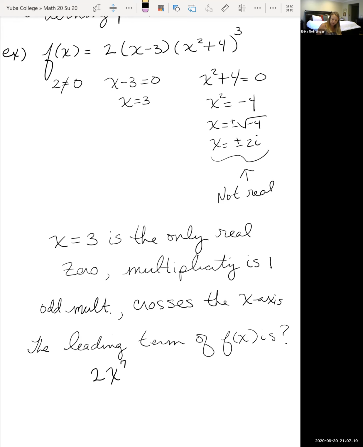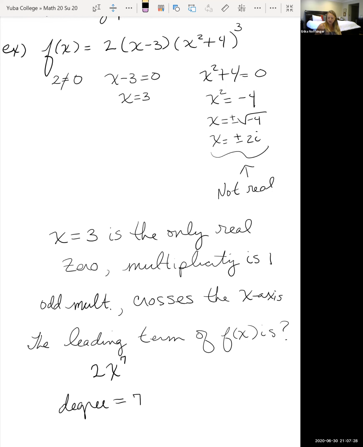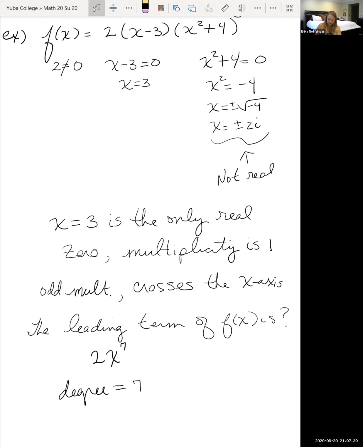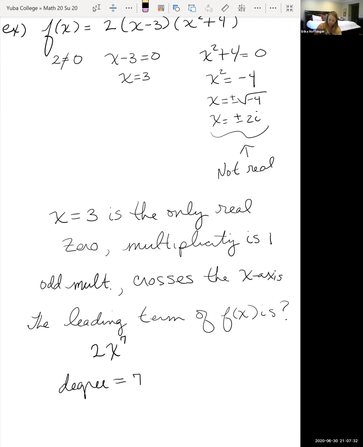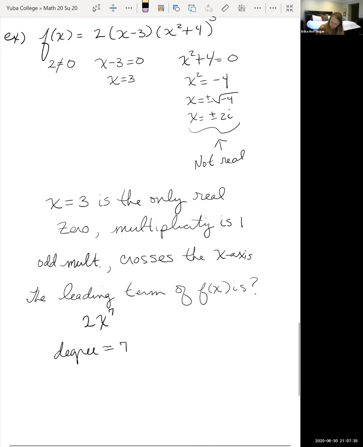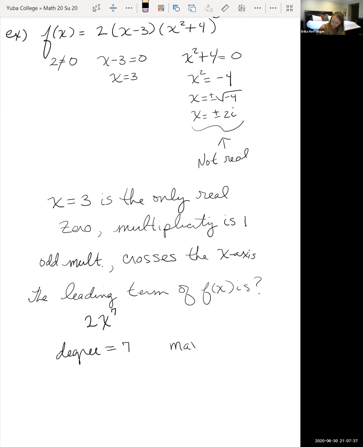And so our degree is equal to 7. And so the number of turning points is at most the degree minus 1, which is n minus 1.